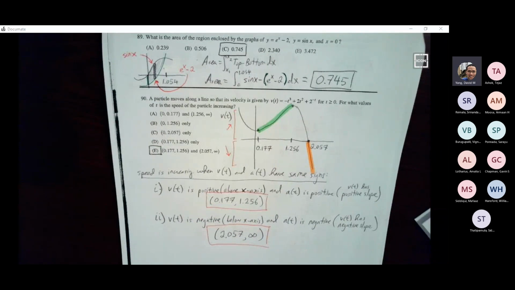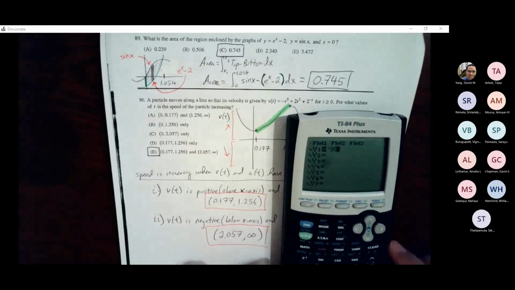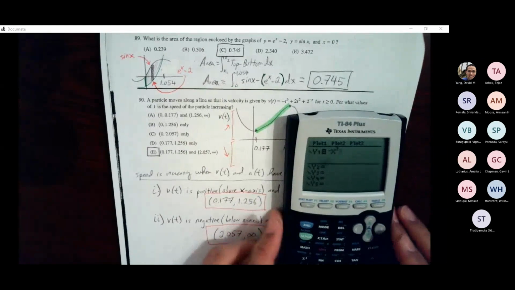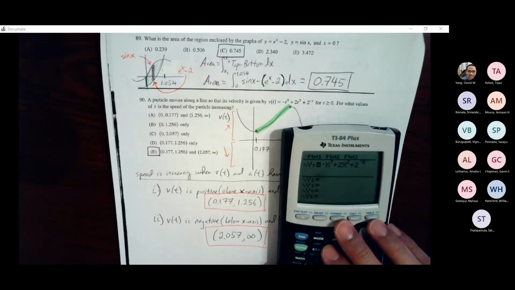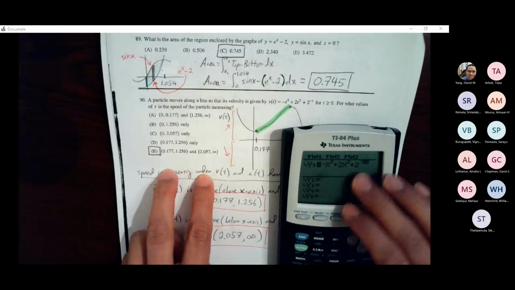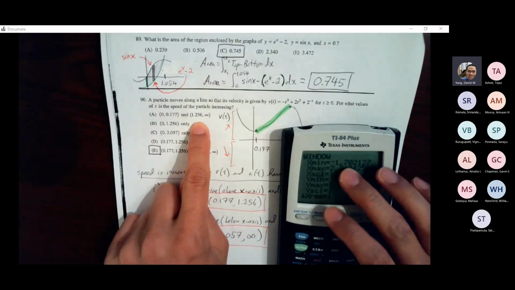All right, number 90. A particle moves along a line so that the velocity is given by v of t. So I'm going to enter this in. But before I graph, I kind of already know where my x is going to be, right?